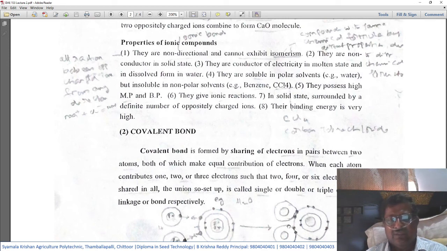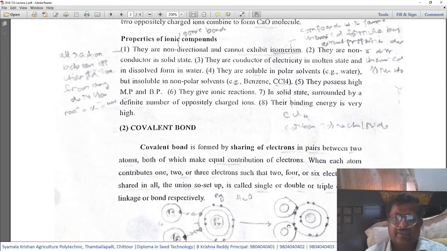If both atoms of different elements contribute two each, then there will be a double covalent bond. Likewise, when three electrons are contributed from both atoms of different elements, then a triple covalent bond will come into existence. Okay.